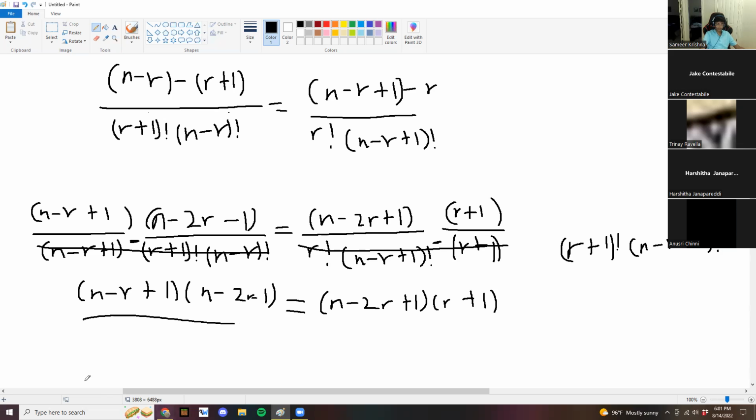So we're doing this side first, by the way. It'd be n squared minus 2rn minus n minus rn, minus... wait, no, plus 2r squared, plus r.